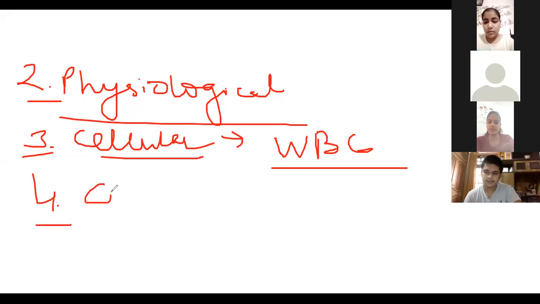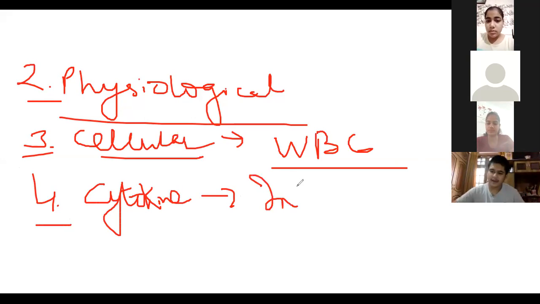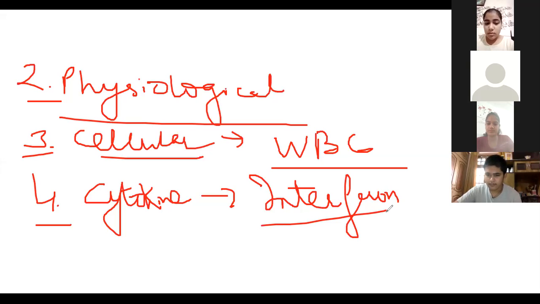Cytokine. What is cytokine? Interferons, which are produced by the virus infected cell to prevent other cells from being infected by the virus. Right. So is interferon a protein, a carbohydrate, or a lipid? It's a protein. Absolutely right.